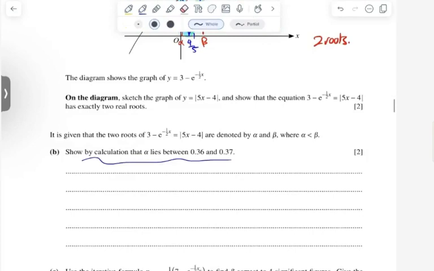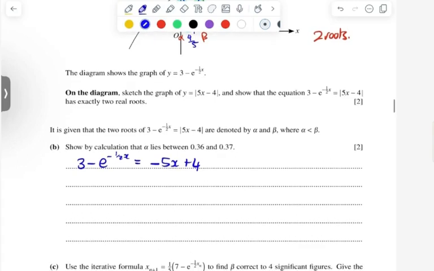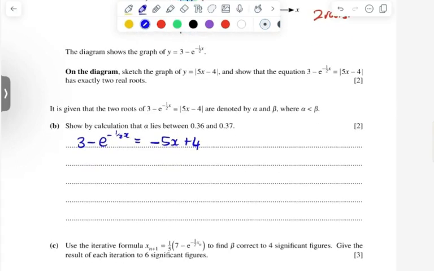So before I start, I'm only going to be using my negative arm of my mod. So I've changed the sign of both terms in the mod. And now we need to show that alpha lies between those two.